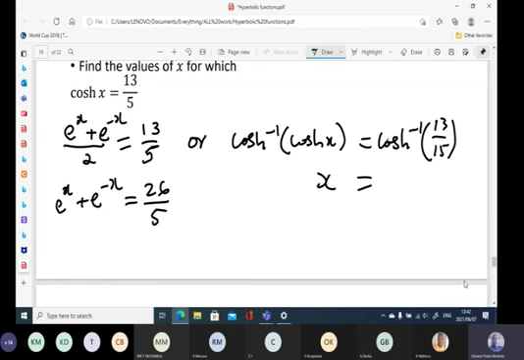You correct me that it is 13 over 5. Let me try it again. Hyperbolic cosh inverse, and we have 13 over 5. Now it's giving me something. Okay, so it's my mistake.